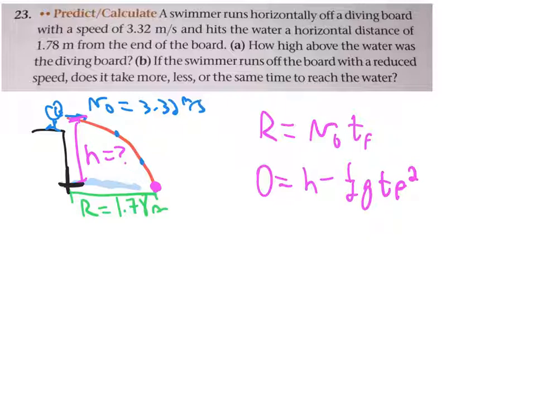Part B asks, if the swimmer runs off the board with a reduced speed, does it take more, less, or the same time to reach the water? And here, formally, we can see that we can find the time from something that has no reference to the velocity. In other words, we can invert this equation and get that the time of flight must be the square root of 2h over g.